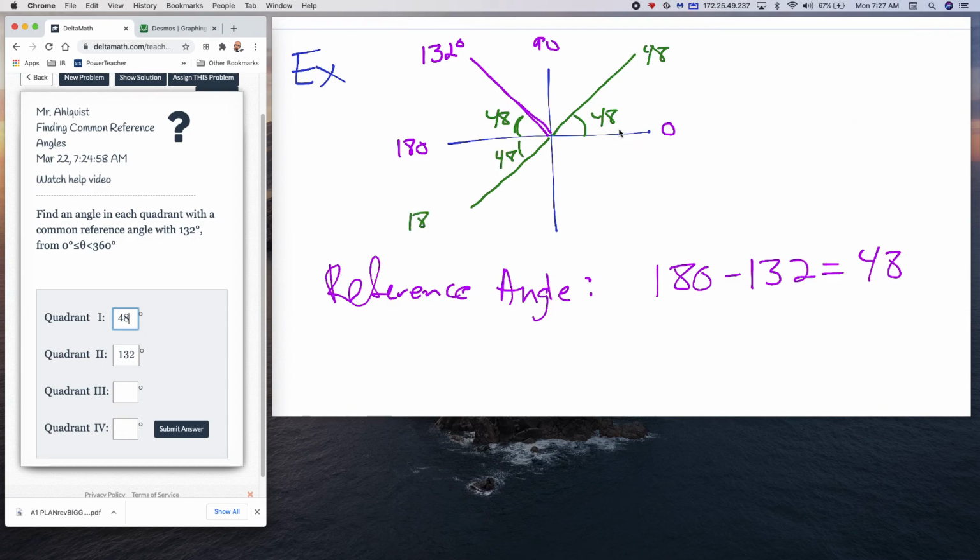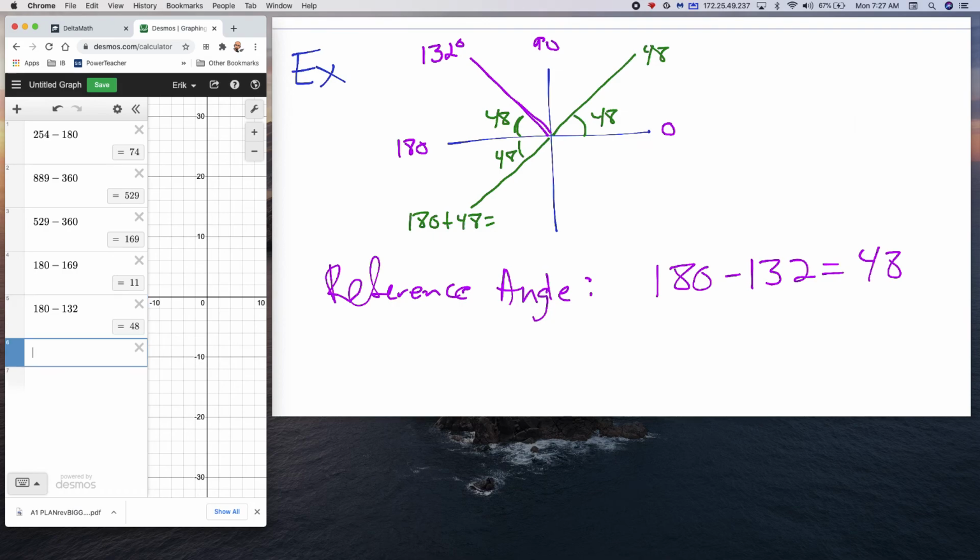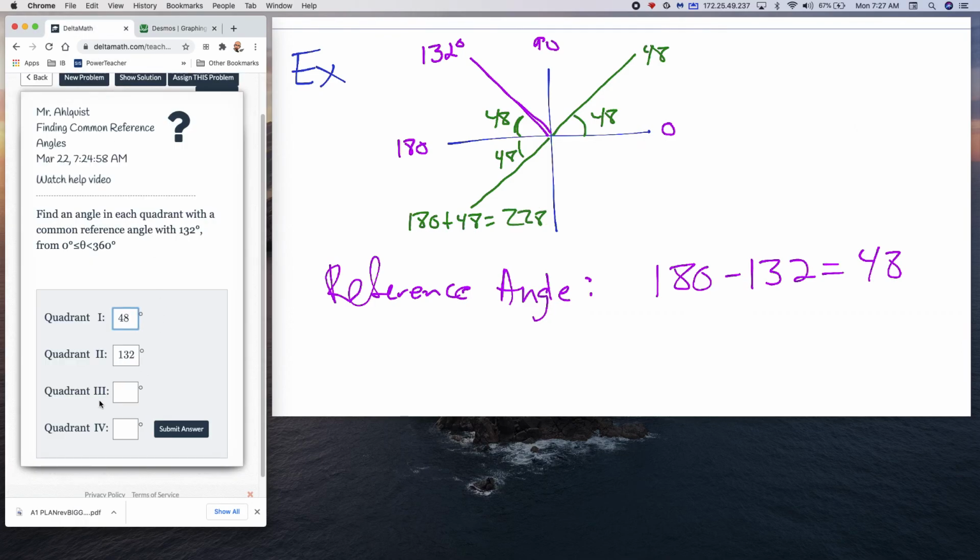If you're trying to find the one down here, this is 48 right here, then we're going to do 180 plus 48 to get this one. So if I go to my Desmos, 180 plus 48, 228. So that's my third one right here, 228.